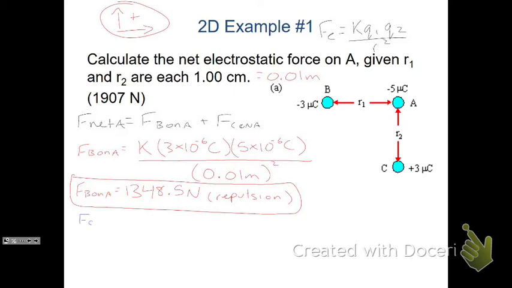Will C and A touch because they're attractive? Oh, never mind. No, what's gonna happen is that because A is being repelled from B, B is going to be pushing A this way.